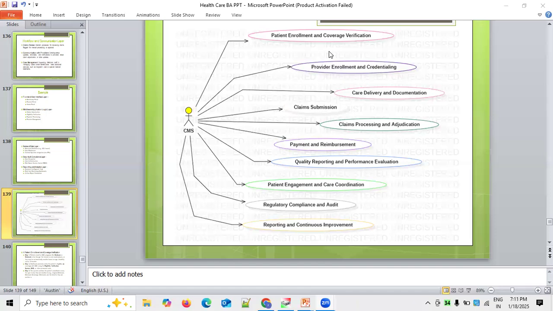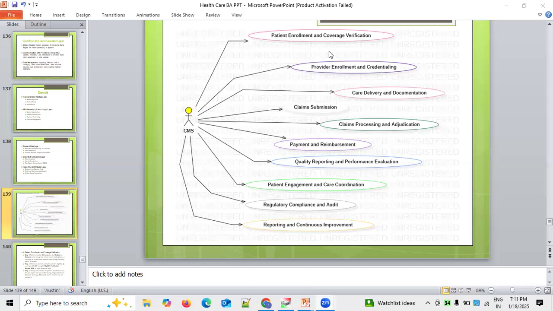This is also one of the key and important factors when it comes to healthcare CMS. These are all the key elements: patient enrollment, provider enrollment, care delivery, claim submissions, claims processing, adjudication, etc. Next are payments and reimbursements.